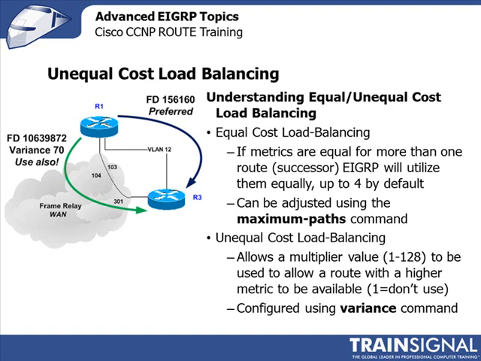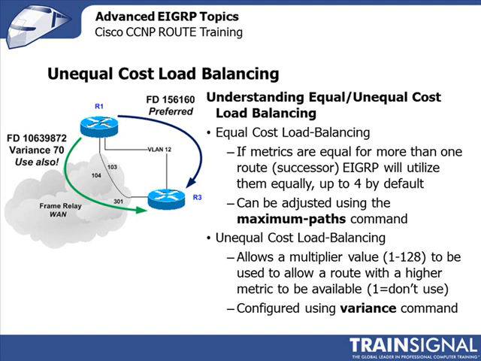As you look to the graphic to the left, on the dark blue arrow is the 10.3.3.3 route that we've been talking about a lot. The feasible distance is 156,160, and it is preferred. When you look at the feasible distance of the other route on the frame relay network, it's 106,39872, a great deal larger. So under normal conditions, that wouldn't even be considered.